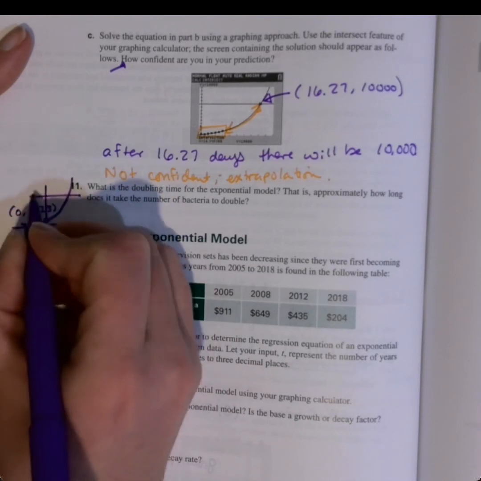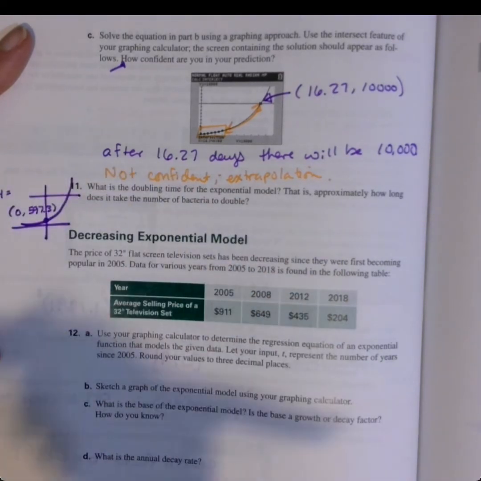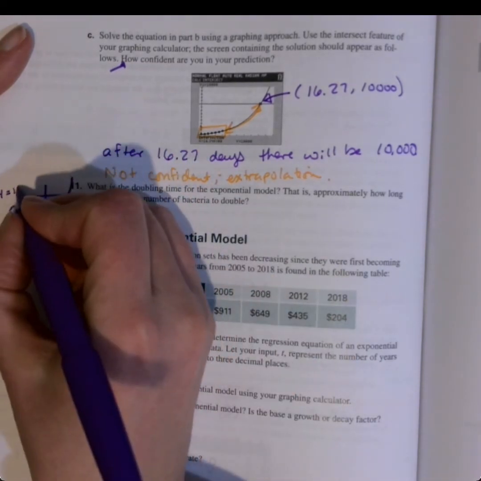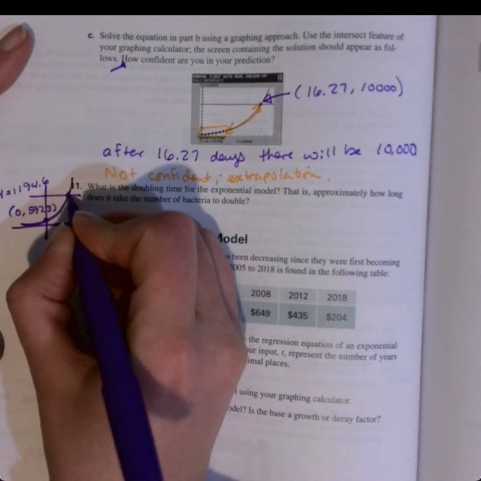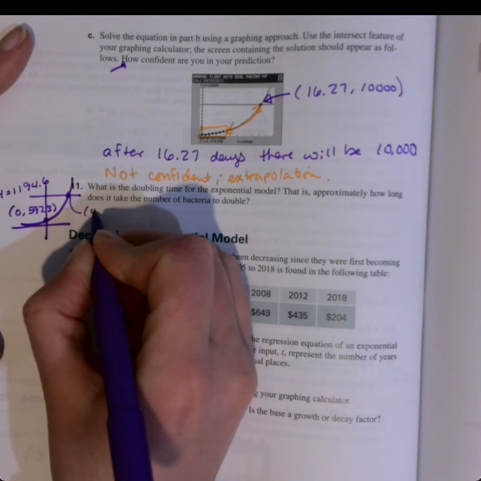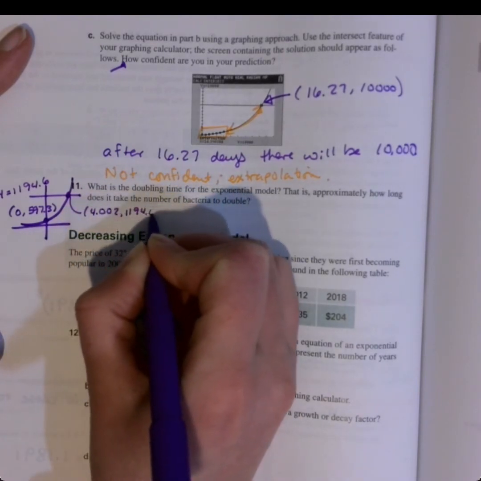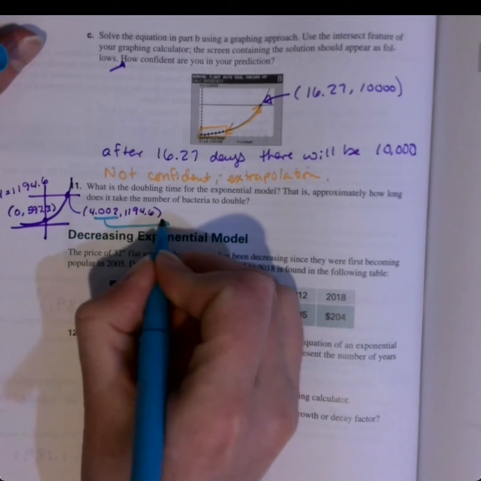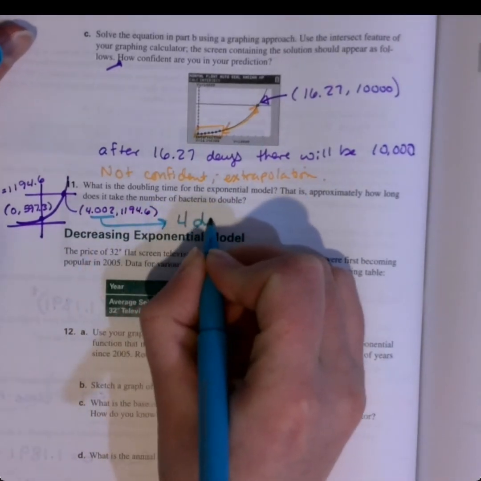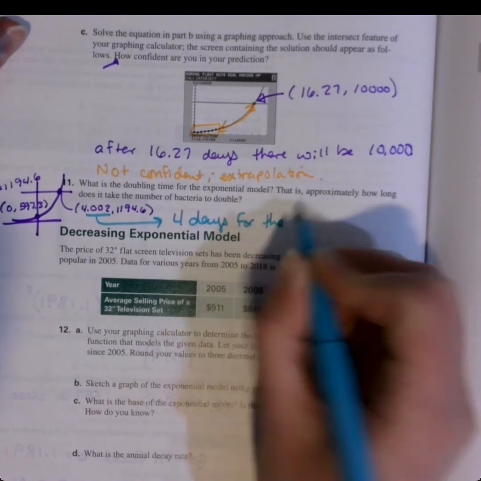And then if we graphed y equals twice that, y equals 1,194.6, that will give us this new ordered pair of 4.002, 1,194.6. That's the work that we did here to get to the conclusion that it takes about 4 days for the model to double, for the number of bacteria to double.